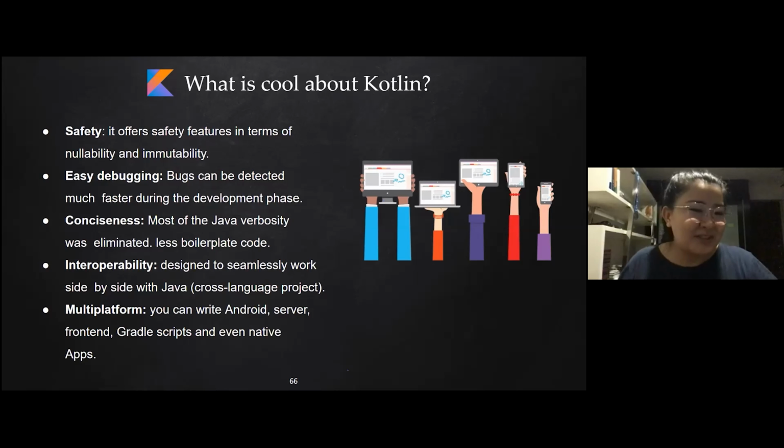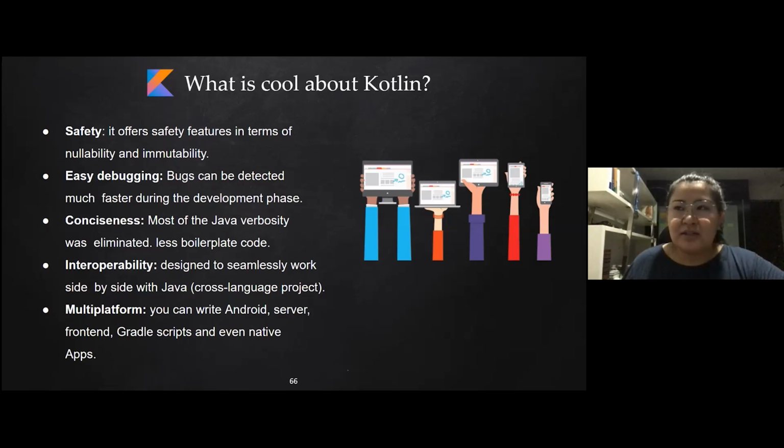What is good about Kotlin? It's safety. In Java, null pointer exceptions happen a lot, and Kotlin is developed so that we will not have null pointer exceptions. Debugging is also easier, because the syntax is shorter than Java or other languages, comparable with Swift.